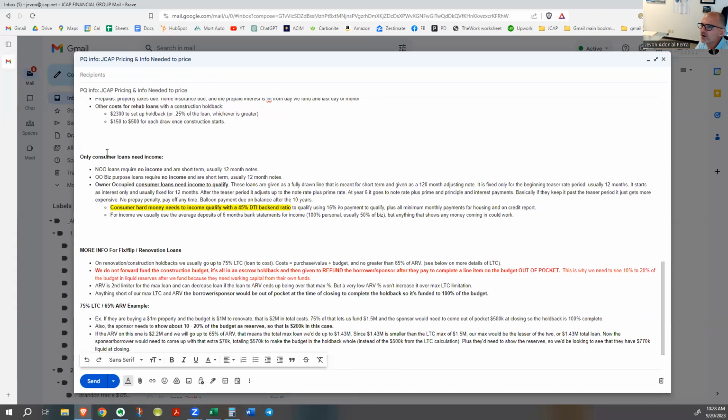Now, remember owner-occupied versus consumer loan. These are very different because when it's an owner-occupied home, it means they live there as a primary residence. Then there are three types of loans that an owner-occupied loan can get.